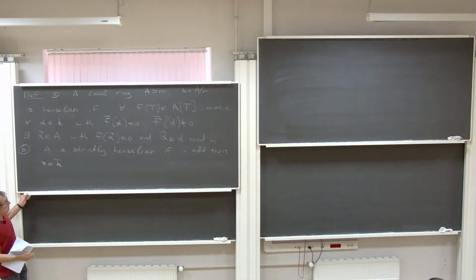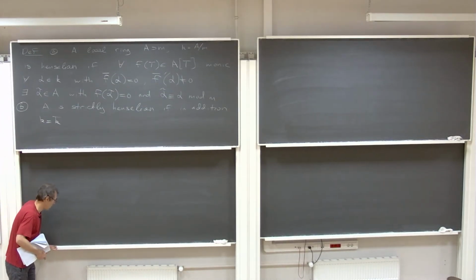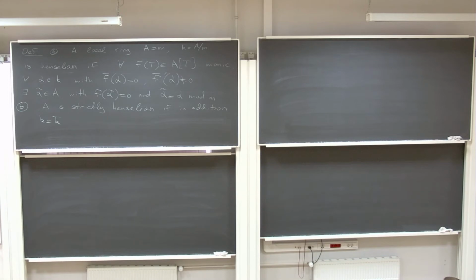Okay, so as Katya mentioned, one example of a Henselian ring is a complete local ring. So that's an important example.